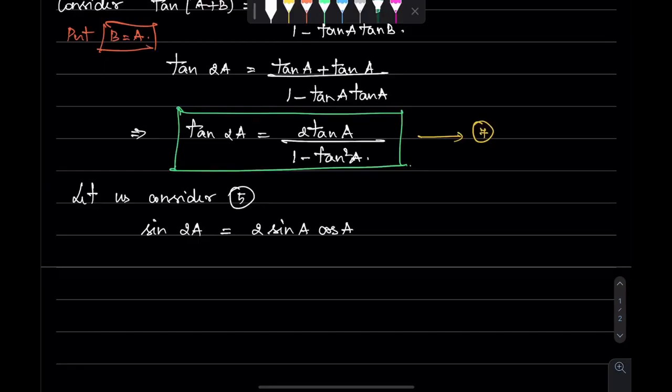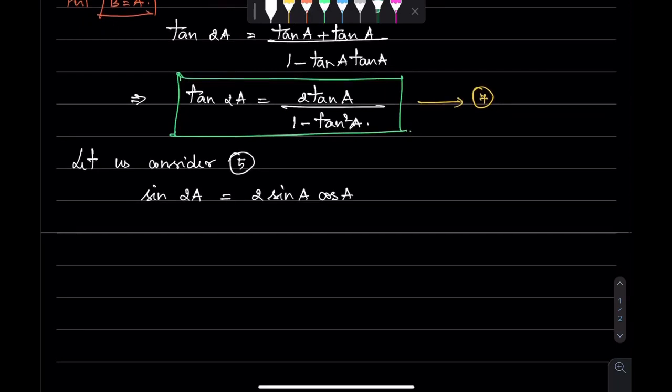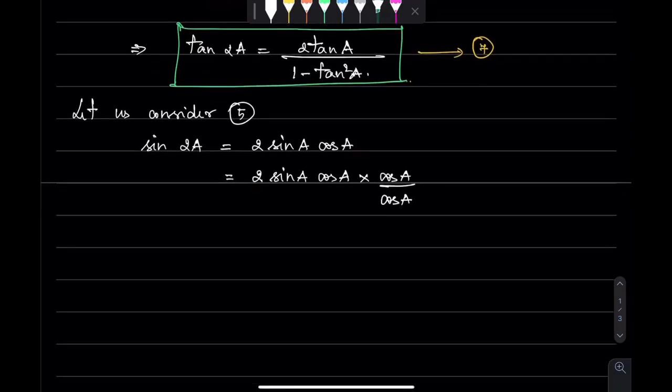So I'm going to express this in terms of tan. For 2 sin a cos a, I'm going to multiply and divide by cos a. Why do I do that? Because I get 2 tan a into cos² a. Cos² a is nothing but 1 by sec² a.